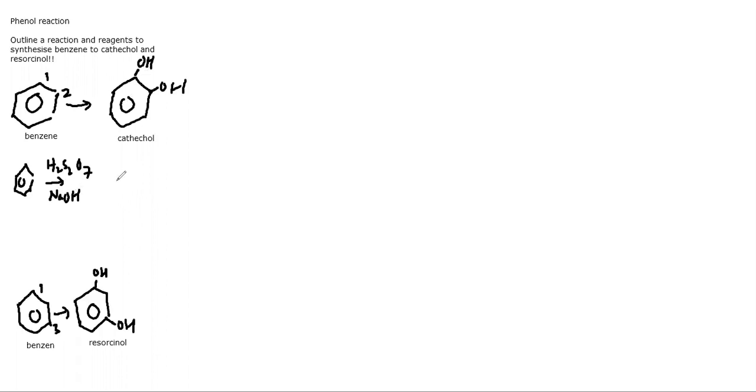Then we can have this structure, with SO3 minus and Na plus. SO3 comes from this oleum, H2S2O7.